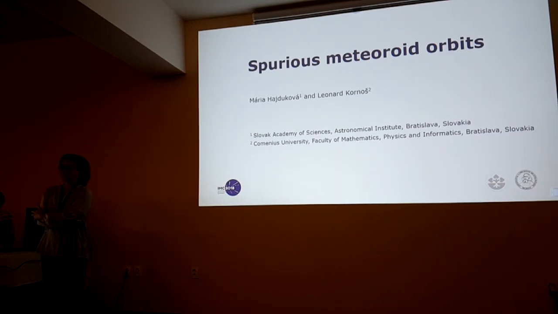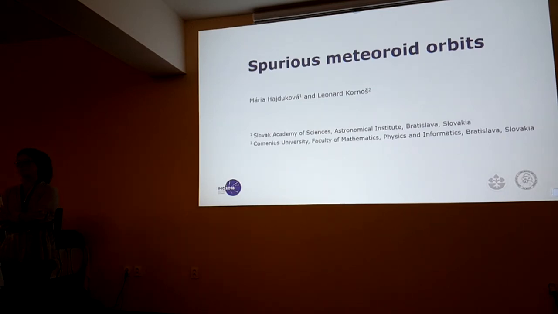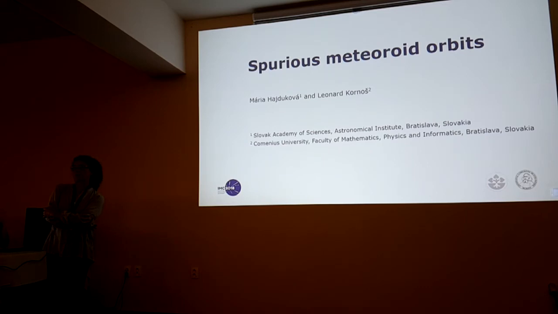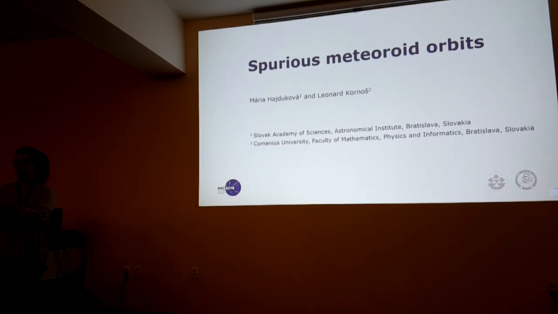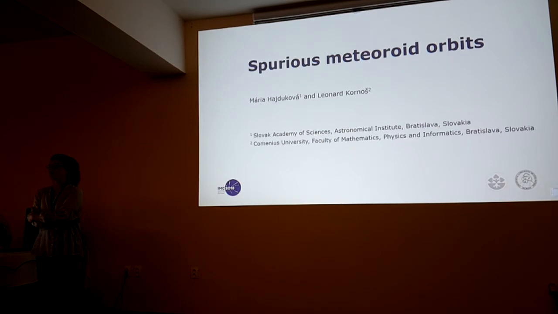But to get a comprehensive statistic of the nature of the meteoroid population, we need accurate orbits, because otherwise we can get also populations which are not real, or enhancement of some kind of orbits which are not real.